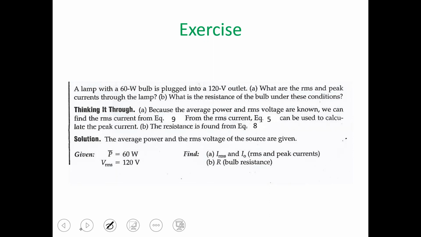Since it's a 120 volts outlet, the RMS voltage is 120 volts, and the peak voltage is 120 times root 2. Since we know power and voltage, we can determine resistance from power equal to V square over R.